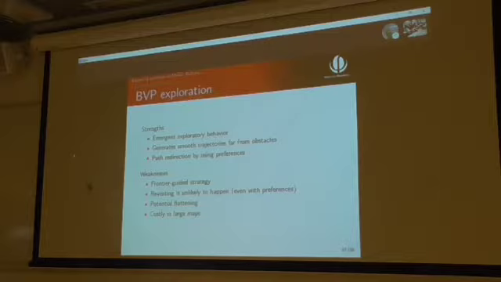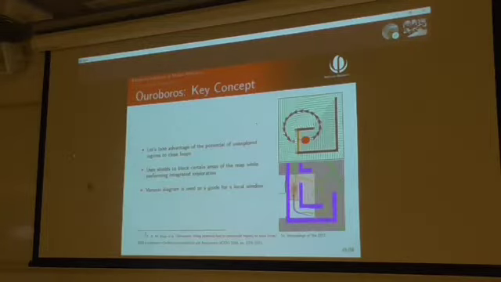Okay, but it is a very elegant method. It works quite well, but only in moderate size environments. Our approach was to perform loop closure using potential fields, and we call it Ouroboros.